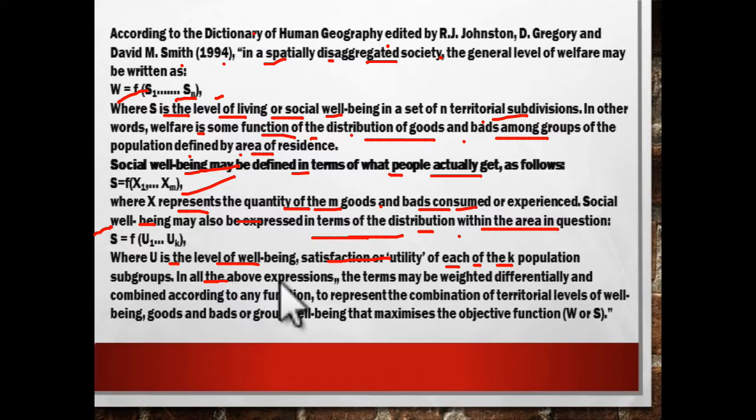In all the above expressions, the terms may be weighted differentially and combined according to any function to represent the combination of territorial levels of well-being, goods and bads or groups' well-being that maximizes the objective function W or S.